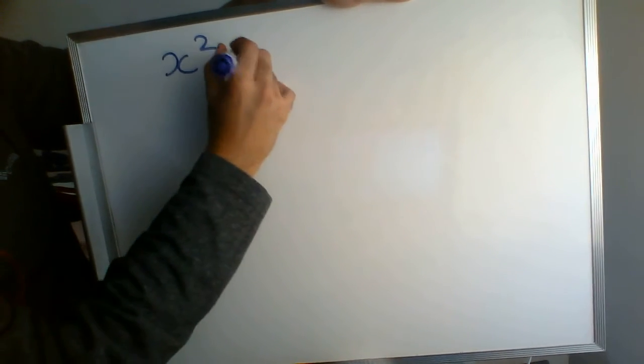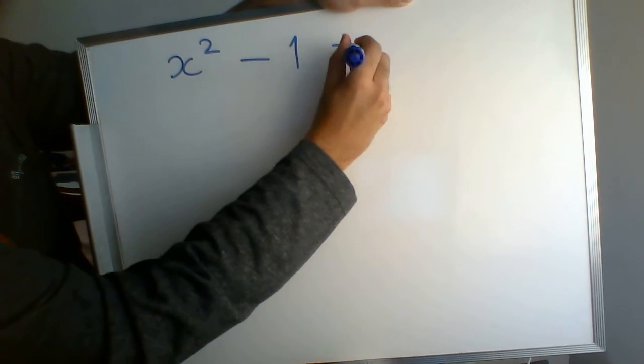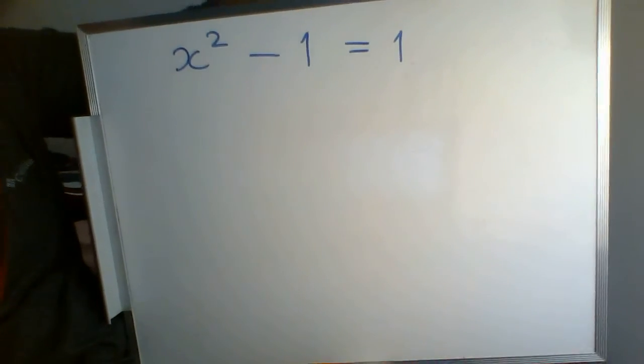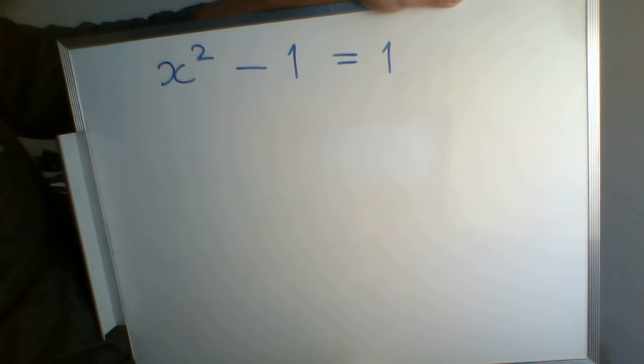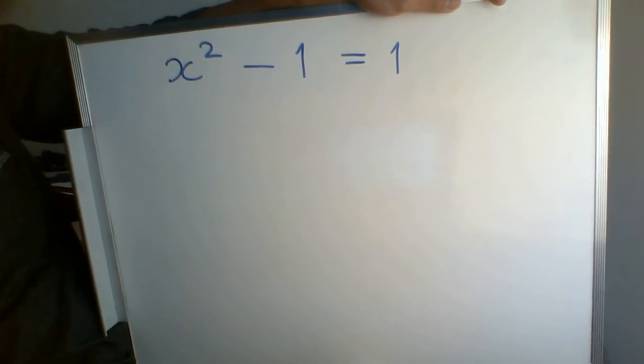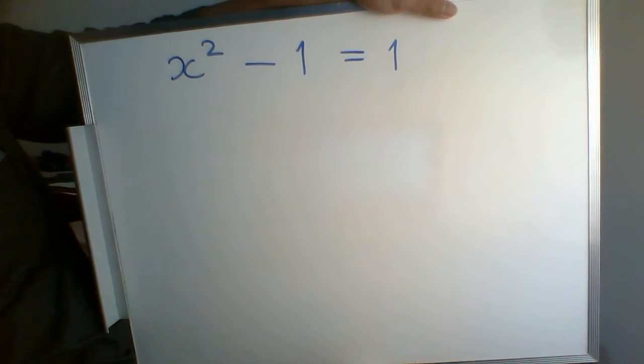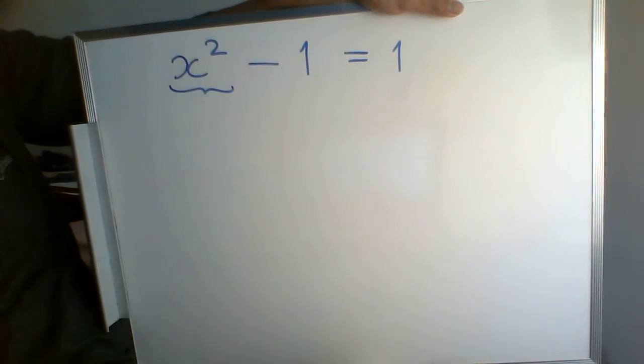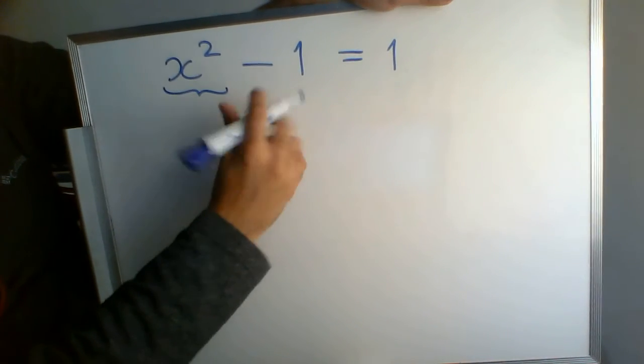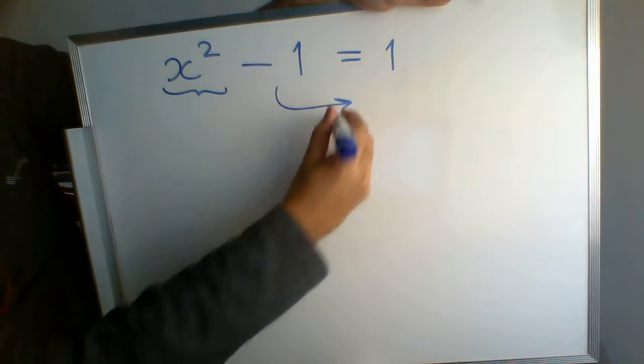So let's do one last and final example for today, which is going to be x squared minus 1 equals 1. Alright? Looks deceptively simple. We don't have to deal with multiple terms that have variables. There's just the one term that has a variable in it, so that's x squared. And we just want to take this negative 1 and get rid of it.